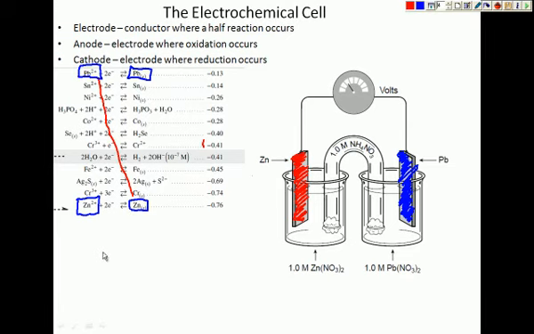So the strongest oxidizing agent is Pb2+, and the strongest reducing agent is Zn solid. And they're going to be making Zn2+ and Pb solid.